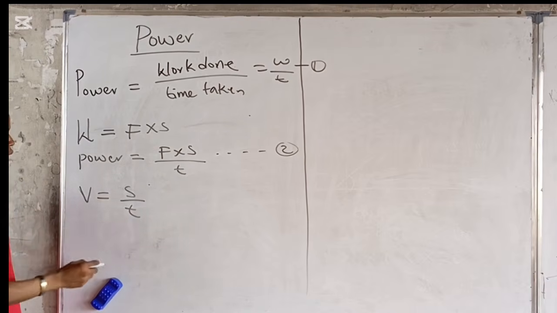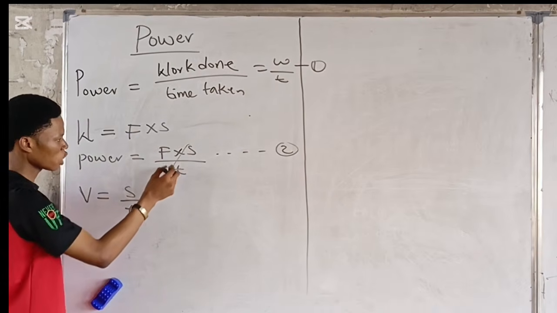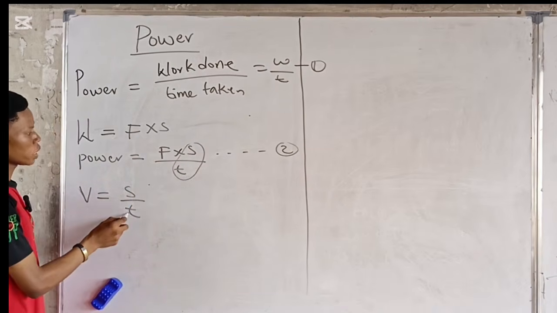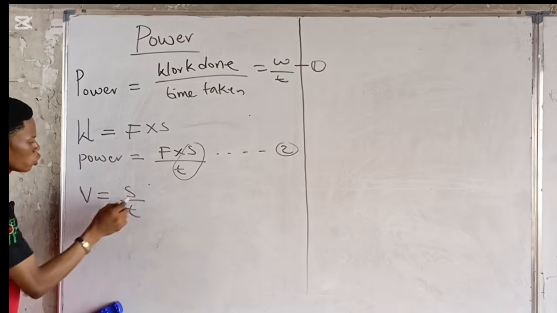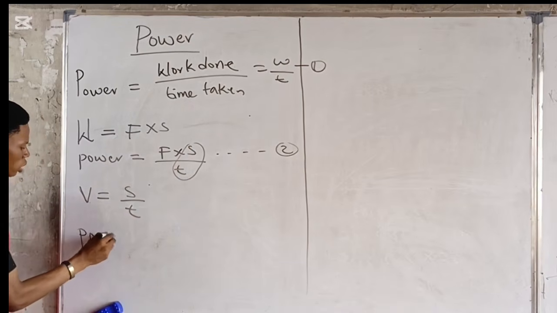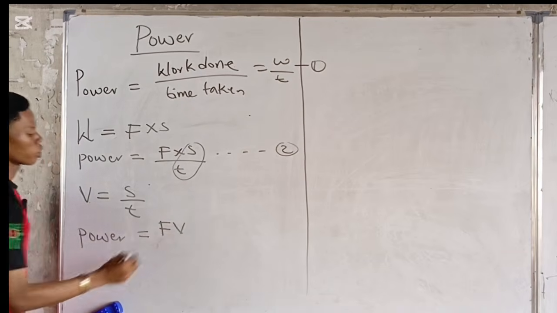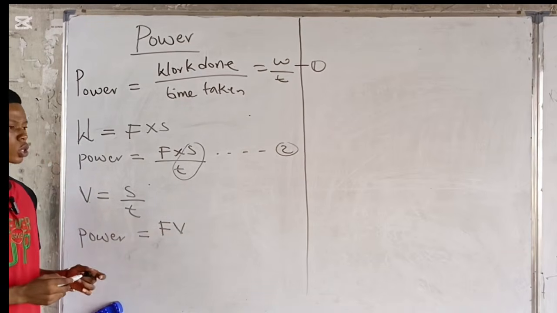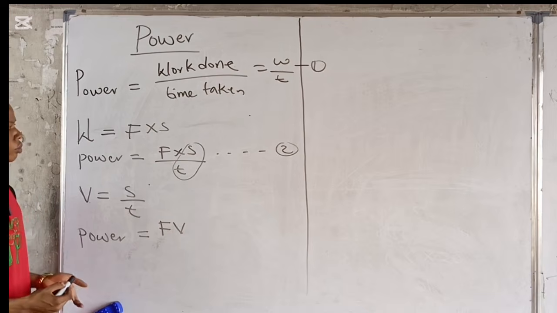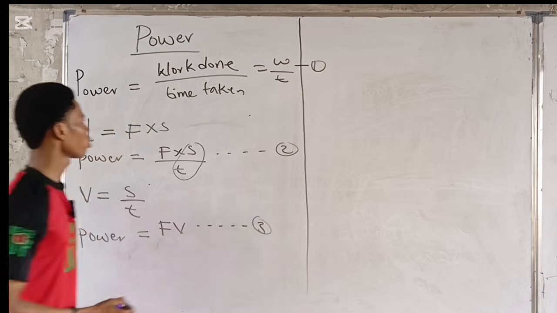You can see that here, this S over T. So we can use V to replace this. That means that power is also force times velocity. Force times velocity will still give you power. So this is the third formula we can use for power.